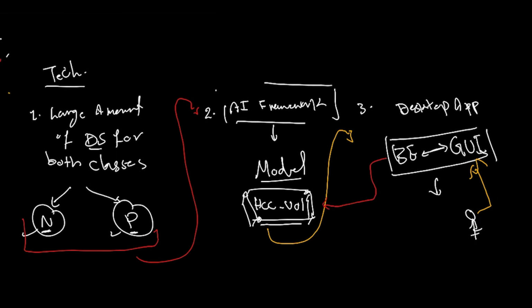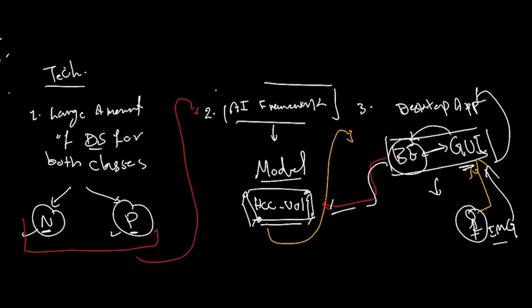The input is an image. So I expect that the client will pass an image, and then the GUI will contact its backend. The backend will have access to the HCCV01, and the HCCV01 will give a response with a prediction probability of normal or pneumonia percentage.